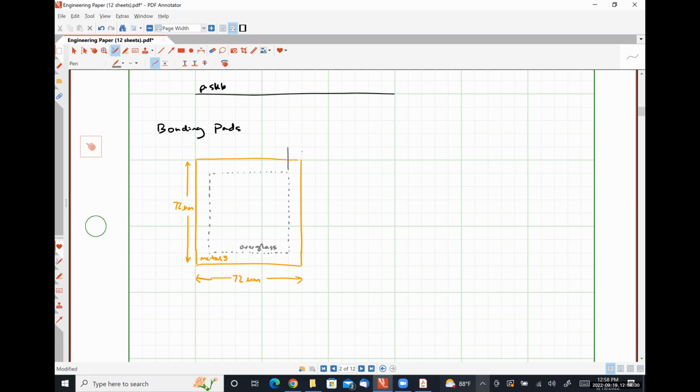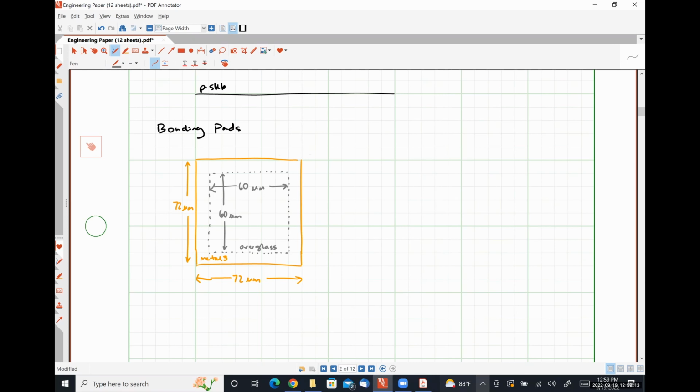And this dimension is actually, hold on, better way to do it would be this way. Minimum passivation opening is 60 microns in either direction, okay? So let's talk about this overglass layer here very briefly.